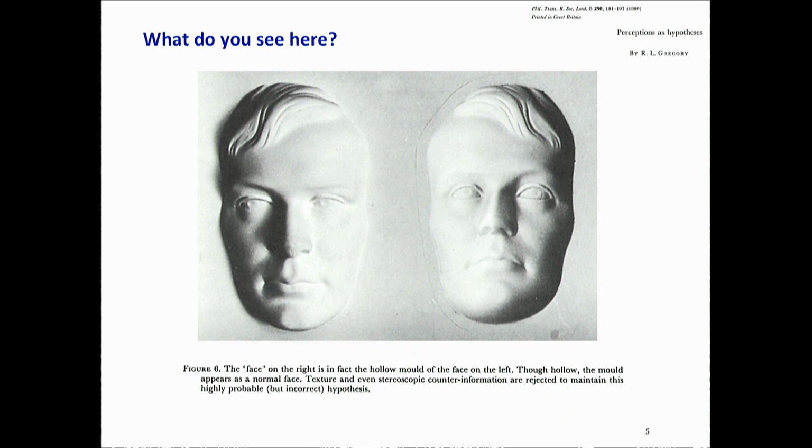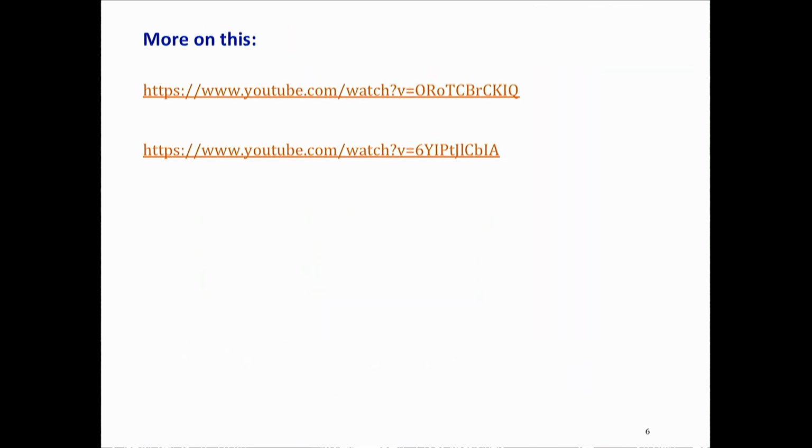And as with the dog that you cannot unsee, you can try to force yourself to see this as concave instead of convex. But it doesn't work. So I'm going to need sound here. I hope this works. I'd like to show you a video here.